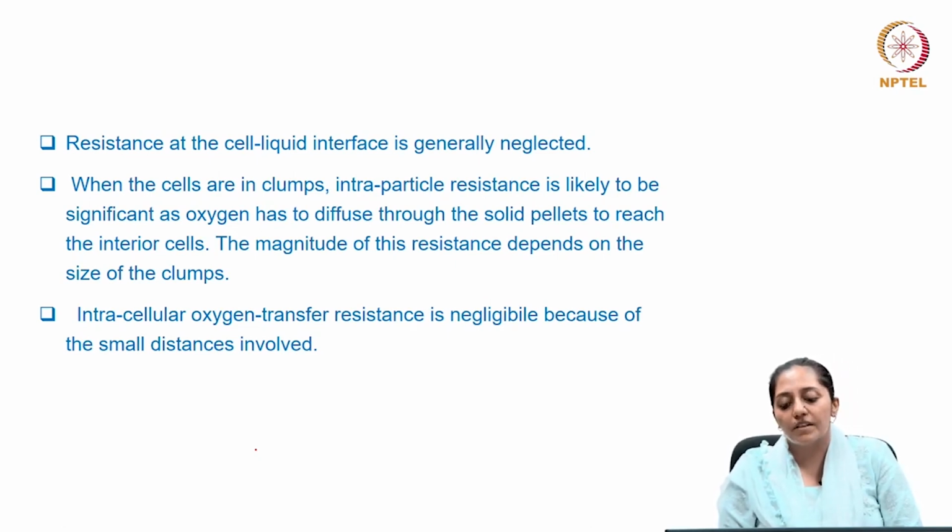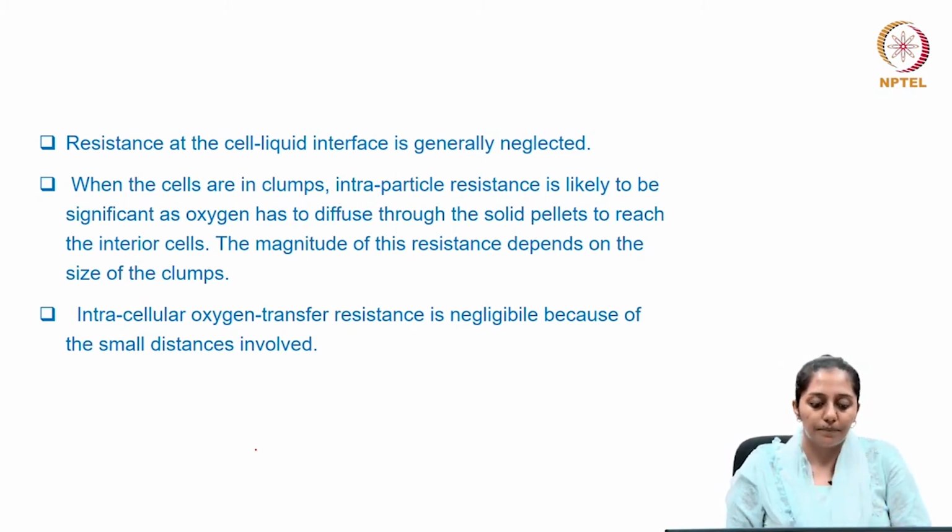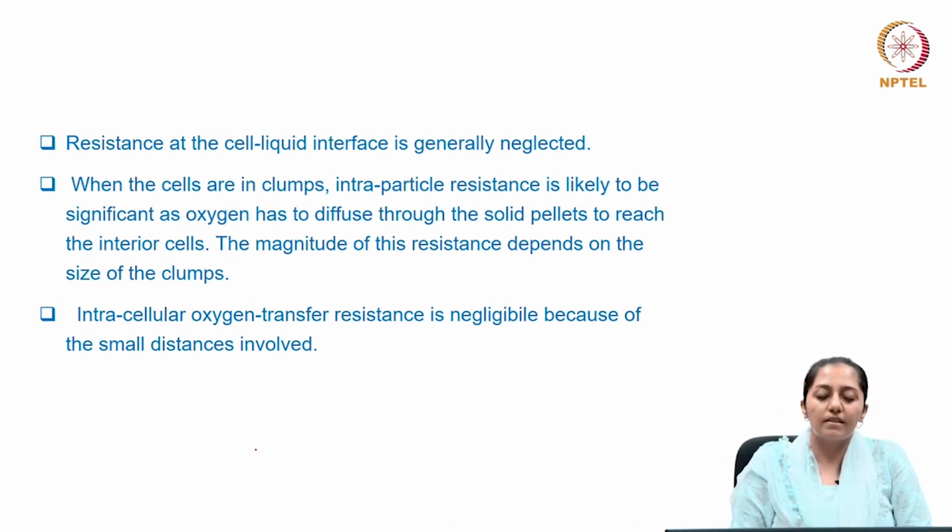The magnitude of this resistance depends on the size of the clump. Intracellular oxygen transfer resistance is negligible because of the small distances involved, even in immobilized systems. Once oxygen has reached a cell surface, the distance from the cell surface to the reaction center is negligible considering the size of a single cell. Therefore, this resistance can be neglected.